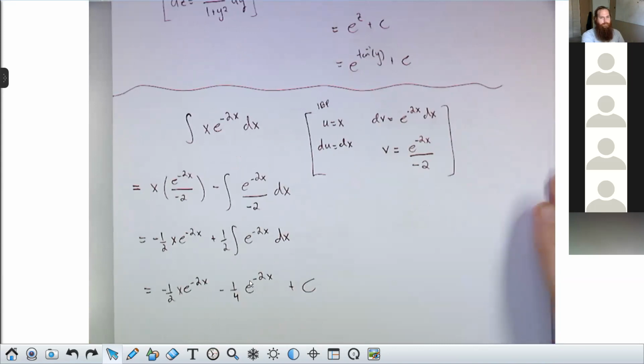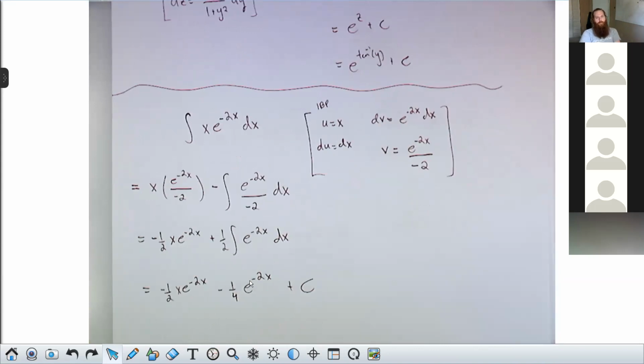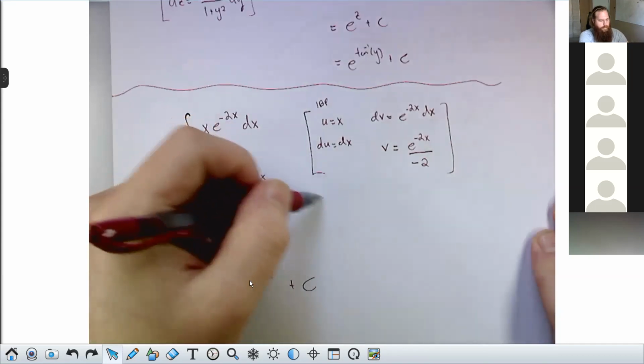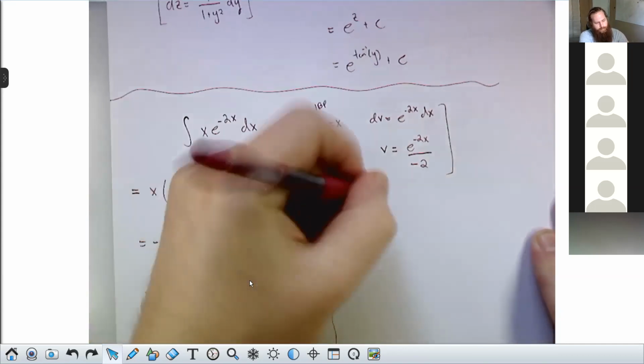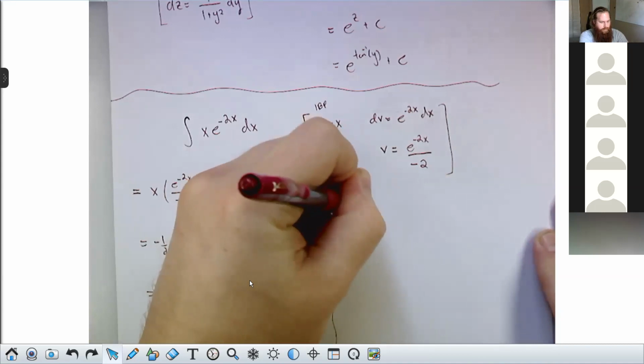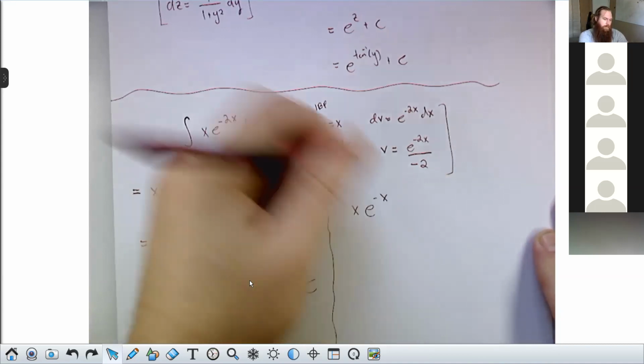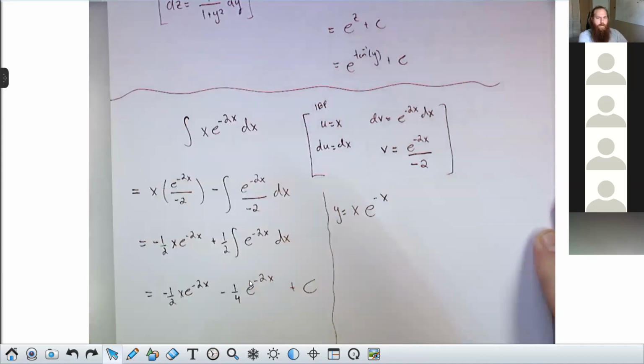Looks like this. And then to select your graph, it might be worthwhile to remember what this guy looks like.